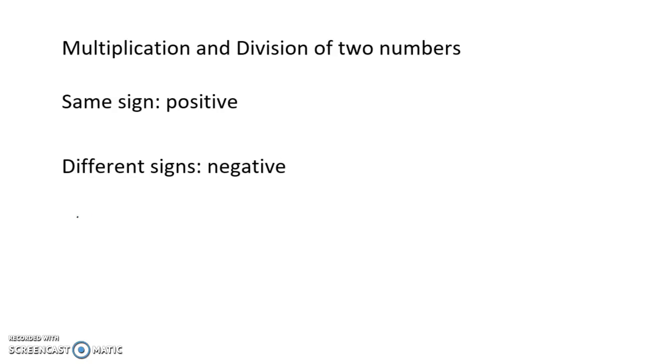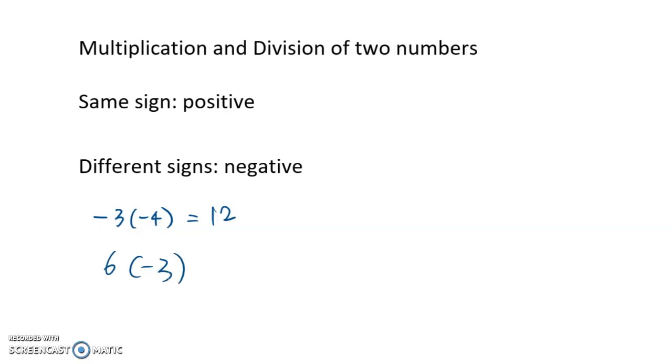For example, if it's negative 3 times negative 4, notice this is multiplication because we have parentheses here. Okay, so -3 times -4, they have the same sign. They're both negative. So the answer is going to be positive. We just multiply. 3 times 4, 12. Okay, another example. If we have 6 times -3.